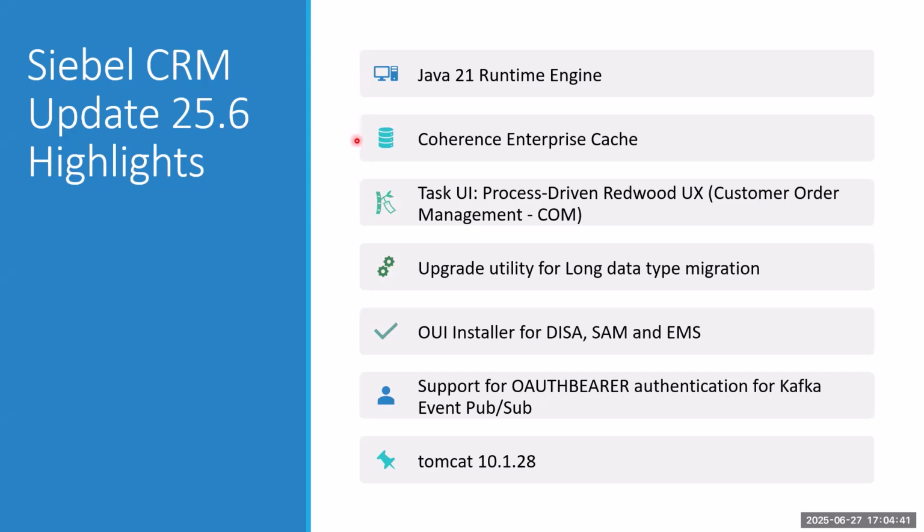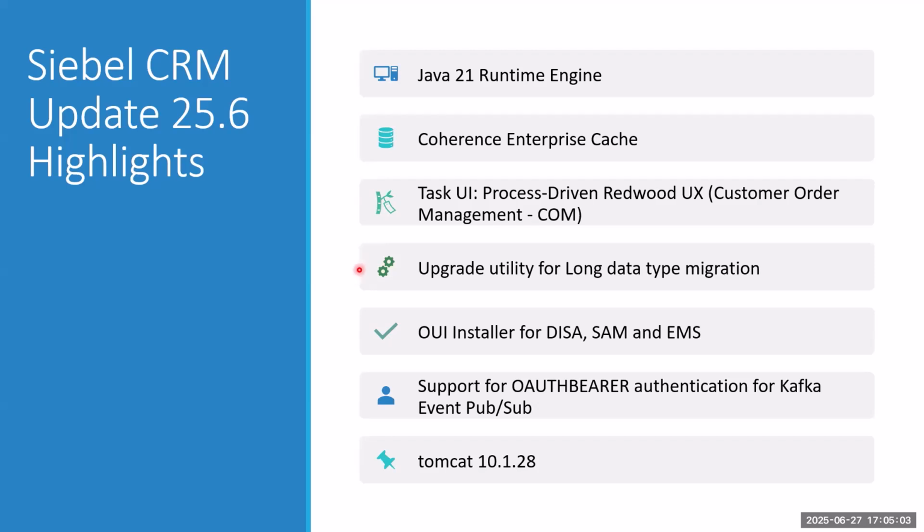There's an optional feature which attracts a lot of interest, Coherence Enterprise Cache. For example, for runtime repository, we have what Oracle calls the process-driven Redwood UX. Yes, Redwood is coming to Siebel, the real Redwood, that is.